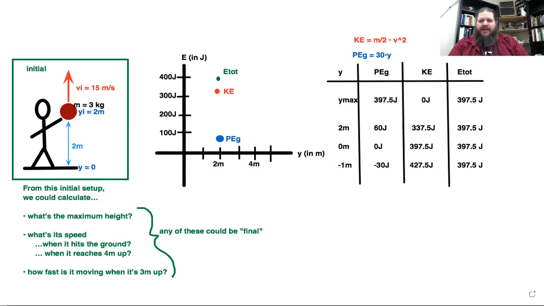So now that we know the potential energy at that point, we can calculate Y max by working backwards. Set potential energy equal to 397.5, and then how would we solve for Y?